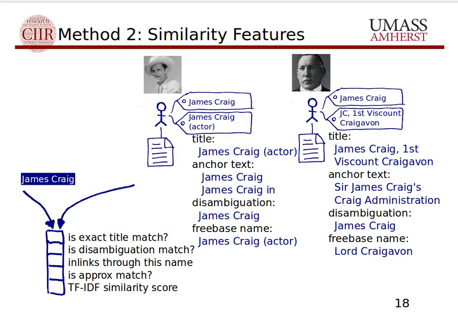We can also look at the number of inlinks through this name. This is exactly the feature that the popularity method used as the main ingredient to the algorithm. So in a way, method number 2 encompasses method number 1. We can also incorporate approximate matches like TF-IDF similarity or Jaccard similarity or the Dice score and so forth.